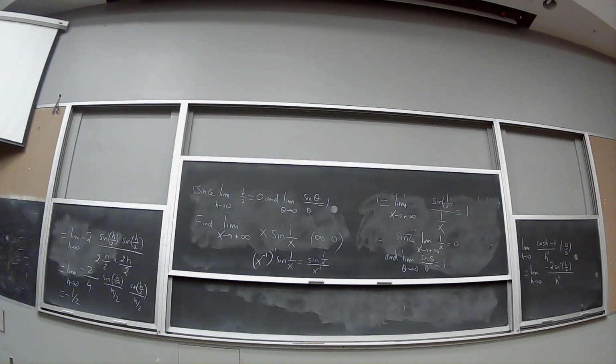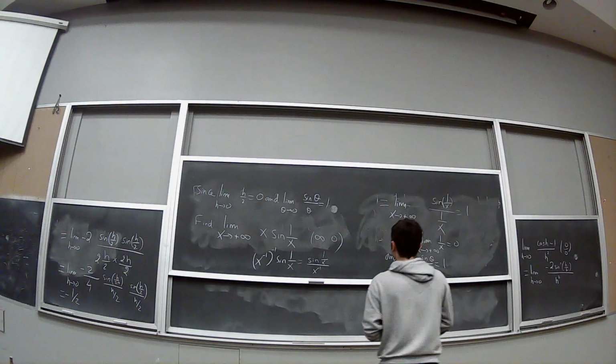Then, because x is positive, you will get that x sine 1 over x is between minus x and x. The two limits are minus infinity and plus infinity. So you cannot. Okay, great. No more questions?